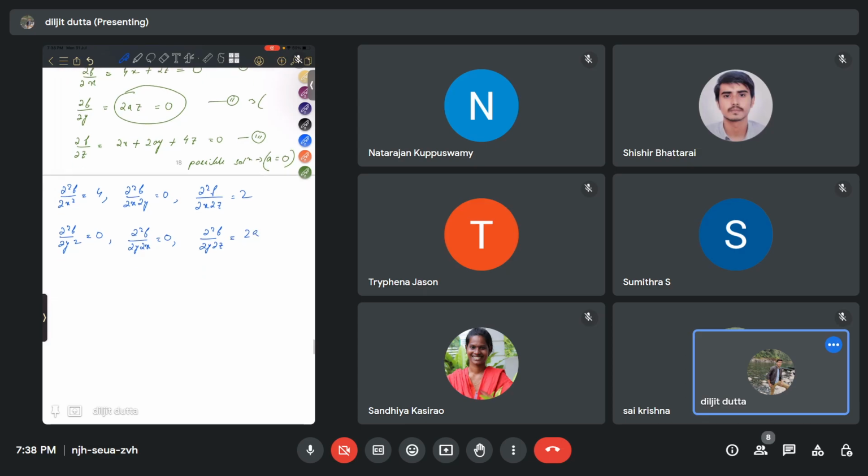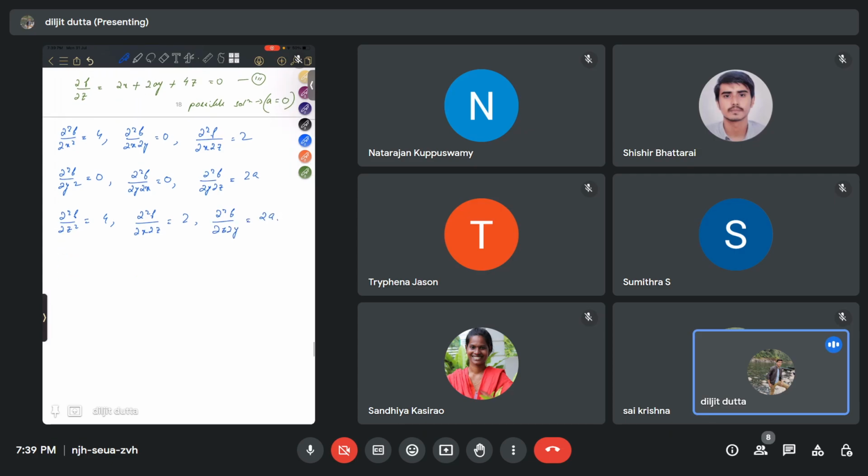And for the third term, del square f by del z square is equal to, I think, 4. Del square f by del z del x is equal to 2, and del square f by del z del y is equal to 2a.